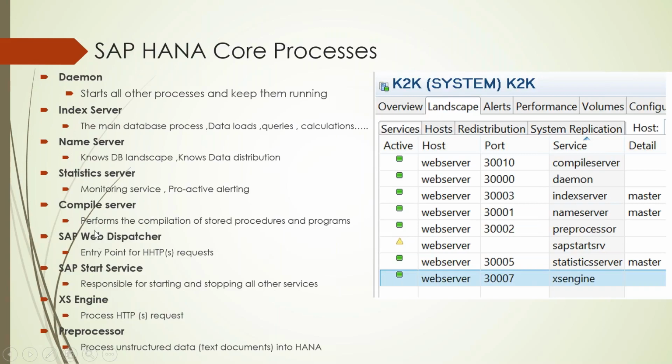If you connect to the SAP Web Dispatcher's port from the URL, then it will redirect your request to the XS engine. So the Web Dispatcher is the entry point for HTTP requests. SAP Start Service is responsible for starting and stopping all the services. Okay, so we'll see that.